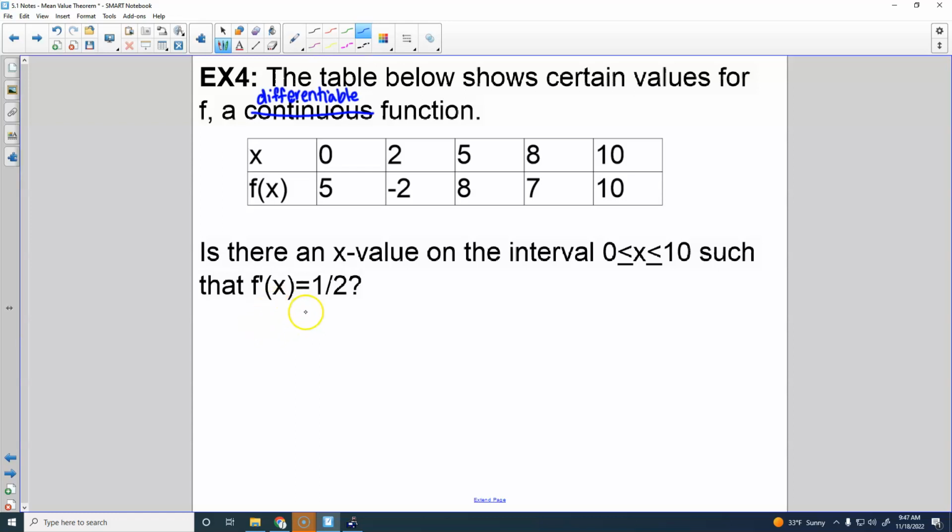We would need to first say, since f is differentiable, f is also continuous, and if you want to specifically say from 0 to 10, then that's fine, or we can just leave it open like this because it is the whole function.